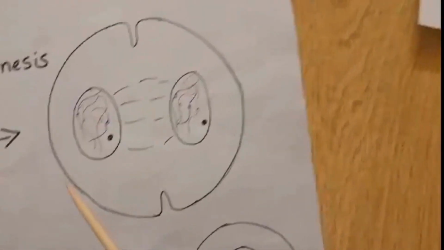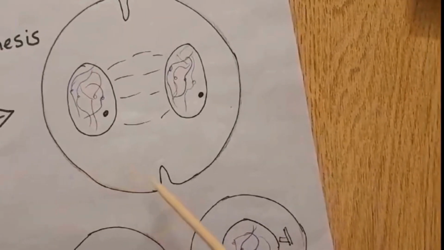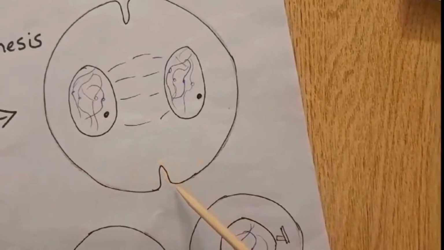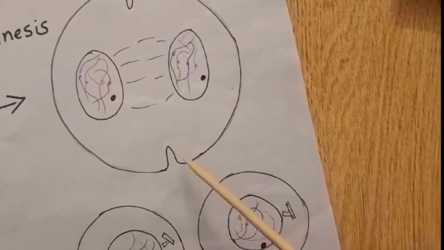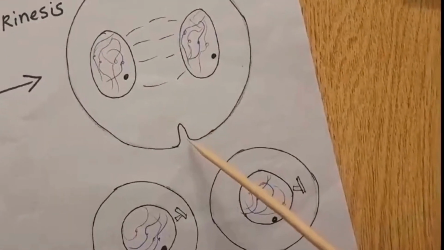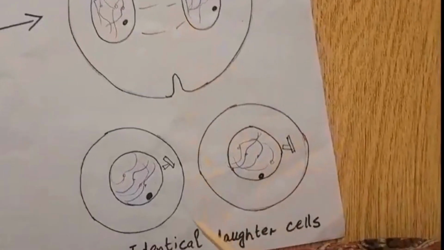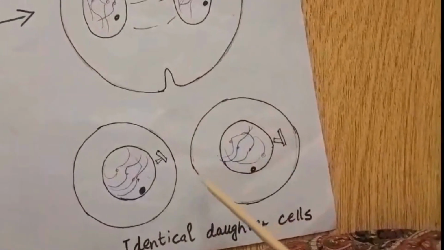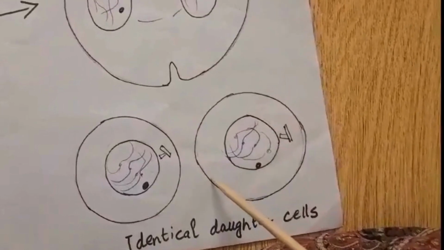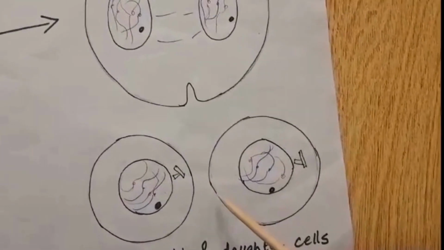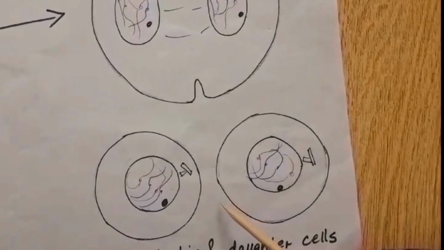After that, cytokinesis, that is the cleavage of the cell membrane, takes place and the cytoplasm divides, and in this way the two daughter cells with diploid number of chromosomes are produced and the mitosis finishes.